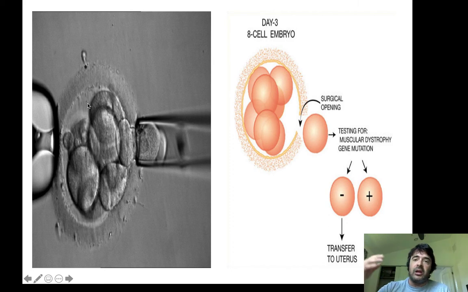So let's say that you're a carrier of a disease and your significant other is a carrier of a disease. You can actually take the developing bundle of cells at this point called a morula and a blastocyst, and you can pluck cells from them. You can do genetic analysis, and you can go, oh, okay, this particular bundle of cells carries the mutation for muscular dystrophy, so we're definitely not implanting that one.